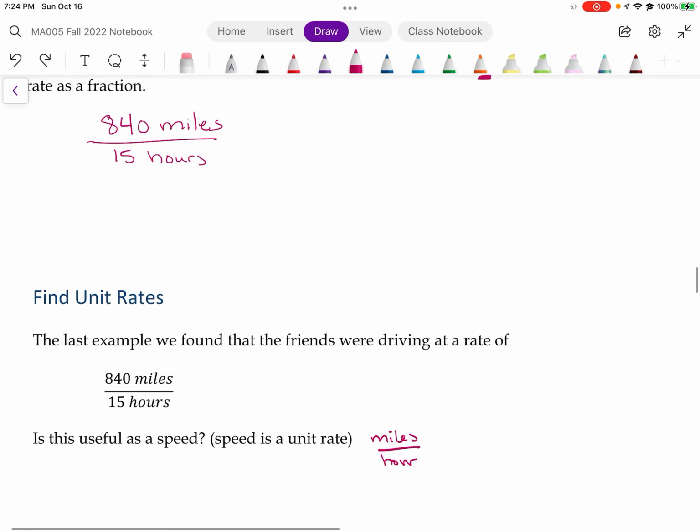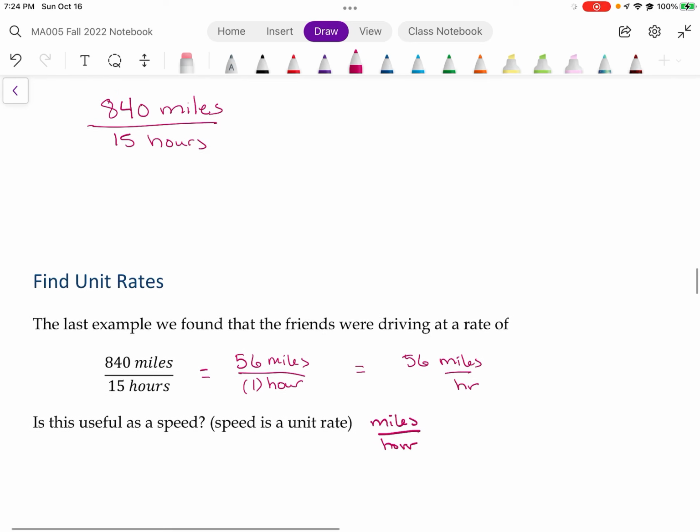So what we want to do with this is we want to reduce it. 15 actually goes into 840, but you could just take your calculator and say 840 divided by 15, and you're going to get 56 miles per 1 hour. And we don't usually write the 1. So basically, it's 56 miles per hour.